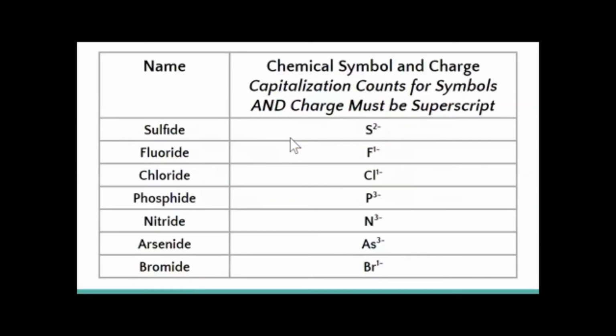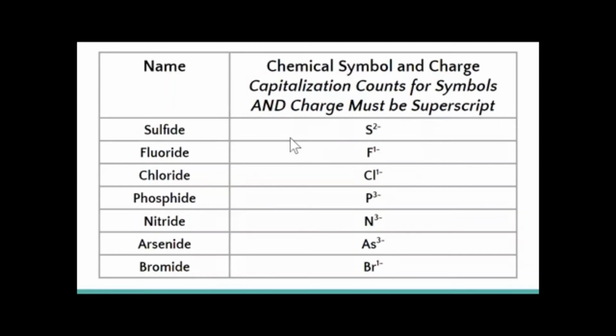So the name sulfide goes with S with a charge of 2 minus. Remember, capitalization counts for the symbols and the charge must be superscript. And I strongly recommend that you write the charge as number and then your plus or minus. So sulfide goes with S2 minus.